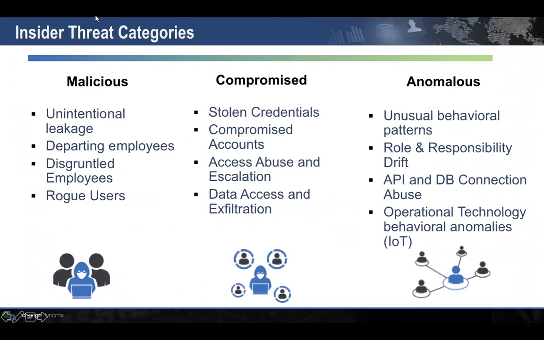So Randy, we've been looking at this for a while, and I kind of classify three different categories of insider threats. And I think most people, when they see insider threats, are really thinking about malicious intent. They may be departing employees, disgruntled employees, rogue users. I think that's where the definition started out.